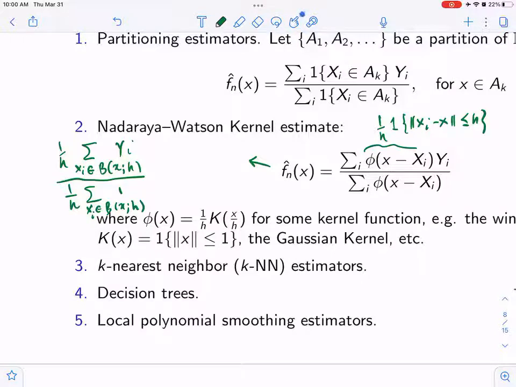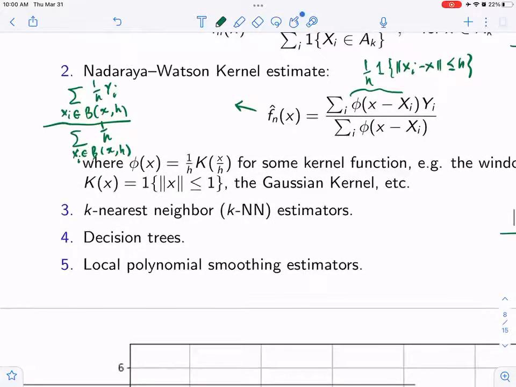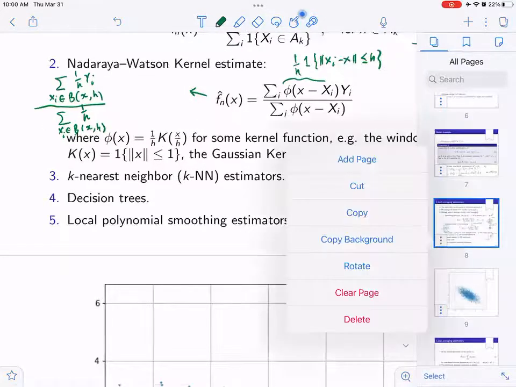Yeah, bad notation. This is a semicolon. So let's say I just avoid x and h. This is a ball of radius h around x. I'm going to do better: 1 over h here, y_i, and then 1 over h here. And if you simplify in the end, what should we get?